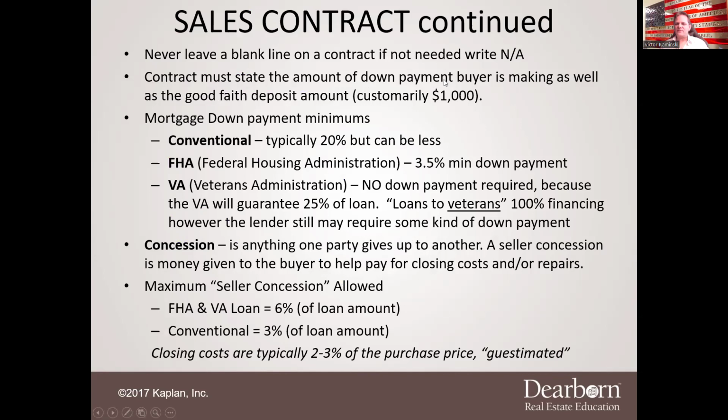Contracts must state the amount of down payment the buyer's making, if they're making any. Remember, it's customary to make a minimum $1,000 good faith deposit, but a contract is still valid even if none is made, right? You need to know that for the exam. But you know what?